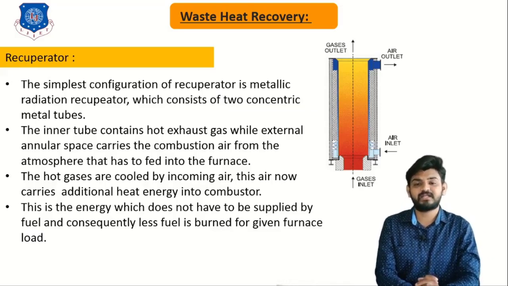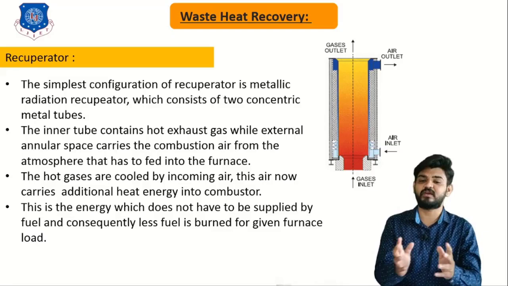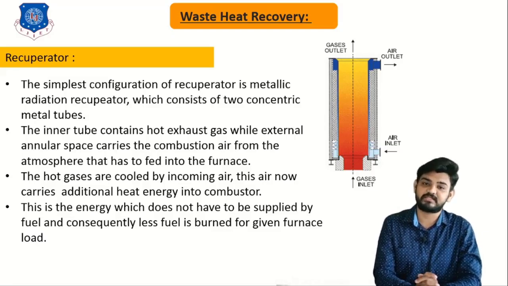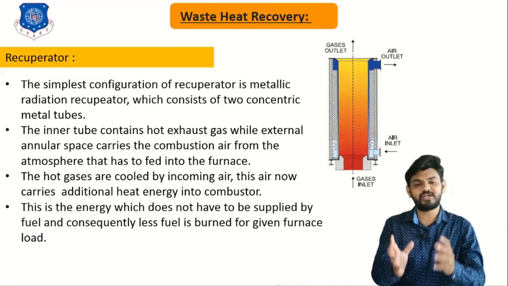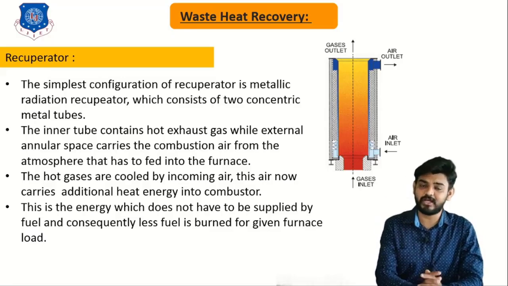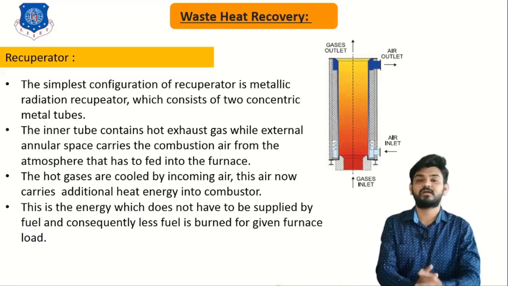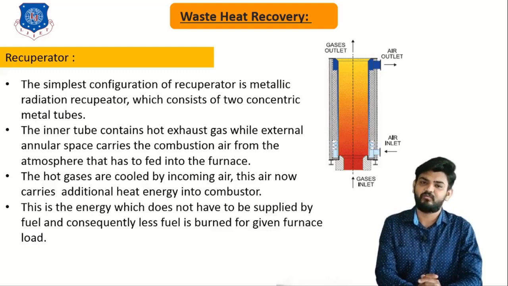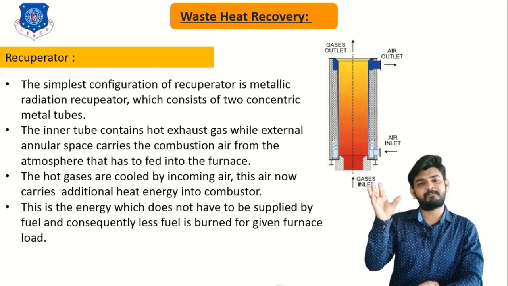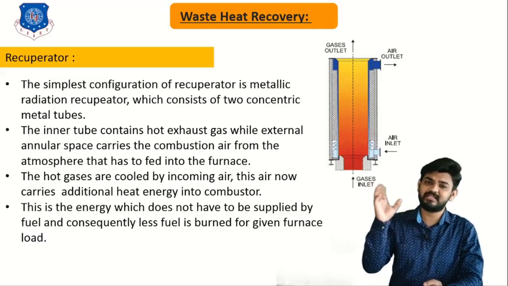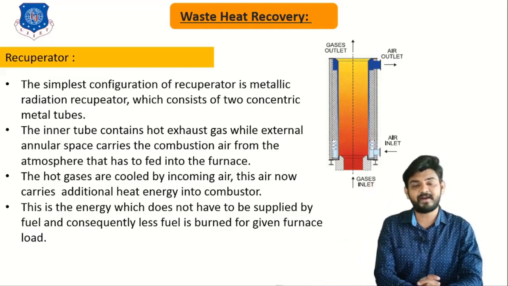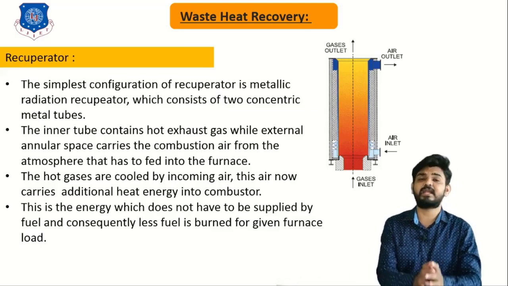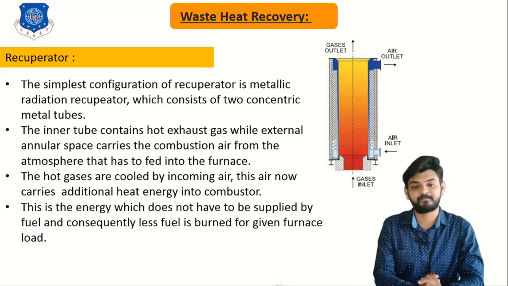The inner tube carries hot exhaust gas while the external annular space carries combustion air from the atmosphere that has to be fed to the furnace. The inner tube shown in red and yellow color is the hot fluid such as low pressure steam, while the annular space between the two cylinders is filled by air that needs to be preheated for the combustion purpose.